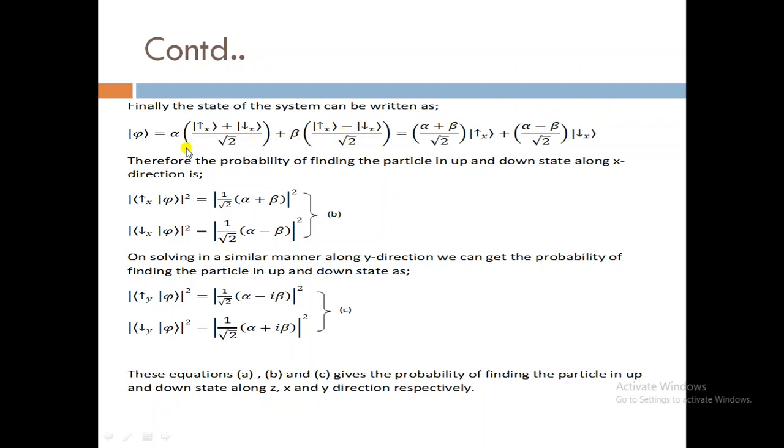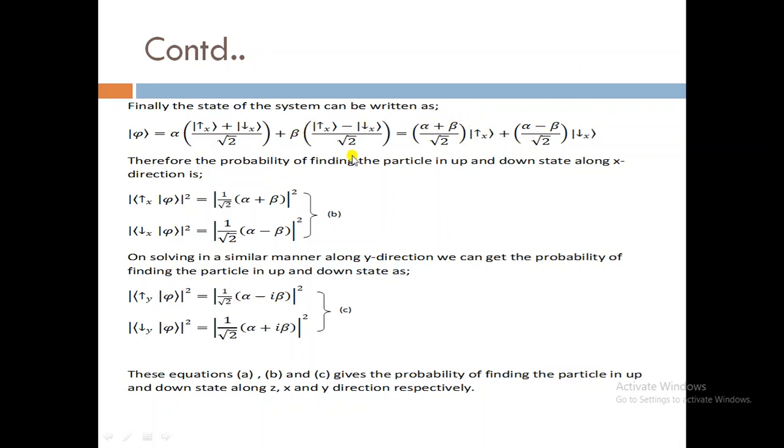So from here, |↑x⟩/√2 would be common, and (α + β)/√2 |↑x⟩ is the vector, or not.